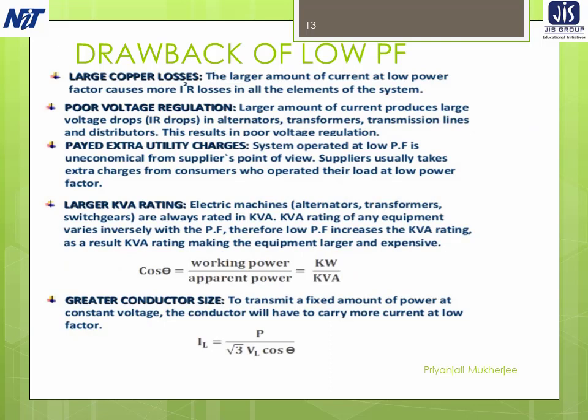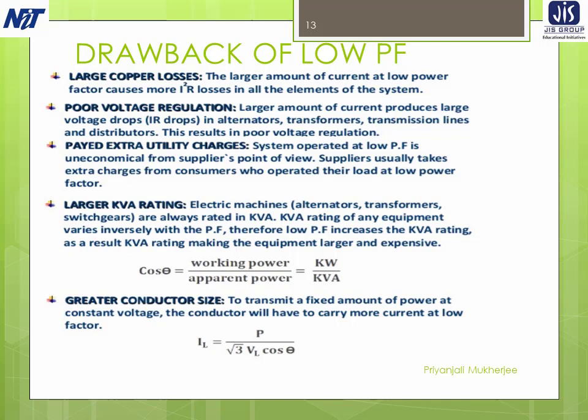First, there will be large copper losses. The larger amount of current at low power factor causes I square R loss, or copper loss, in all elements of the system. Next is poor voltage regulation. The larger amount of current produces a larger voltage drop.